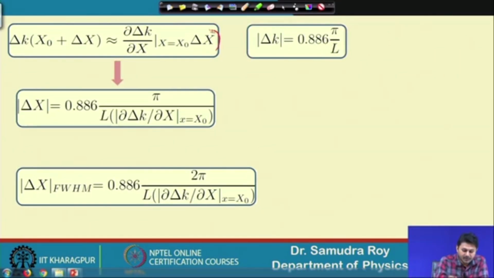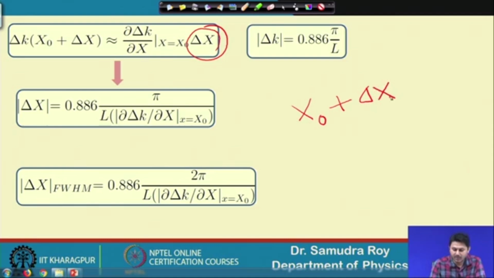So, this is the quantity I want to find out. This is basically the tolerance, that is, up to which delta x, how far the parameter x can be changed. So, x 0 is the exact condition for phase matching. Now, we change this parameter by delta x amount. The question is how far we can extend this delta x.